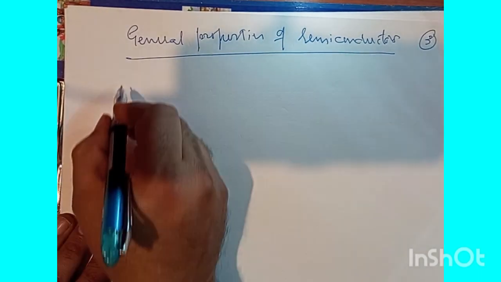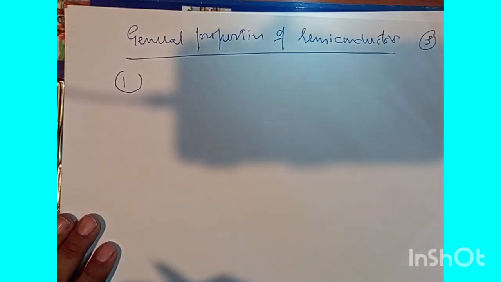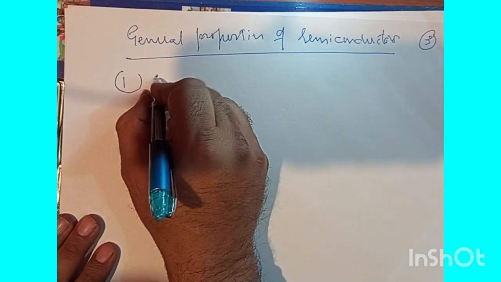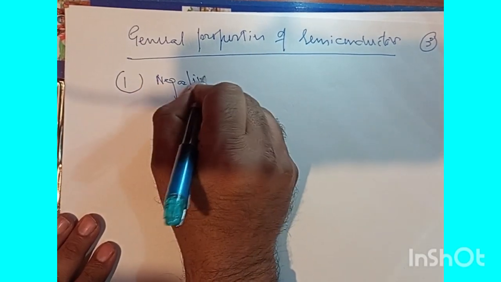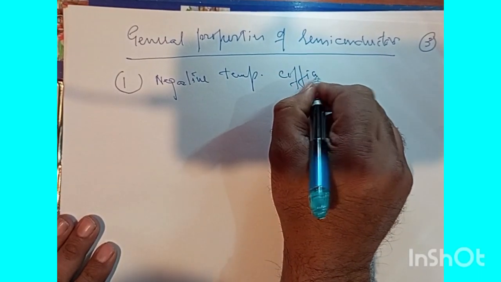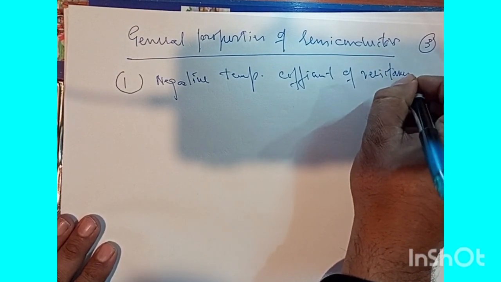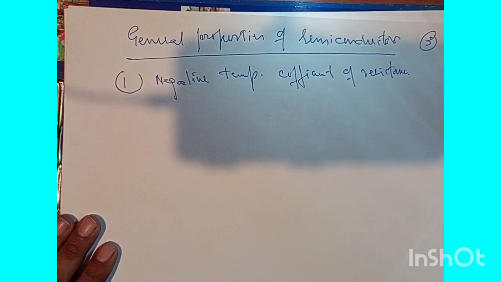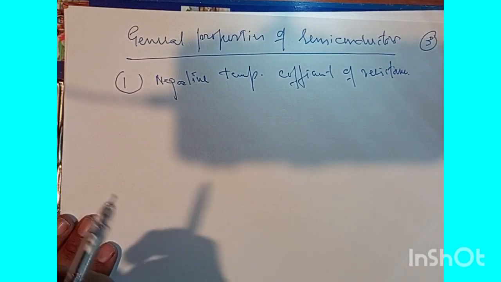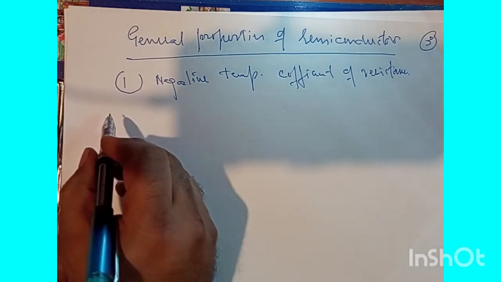The first important point is that semiconductors have a negative temperature coefficient of resistance. What does that mean? That means the resistivity of semiconductors decreases with the increase in temperature, which is not the case with metals.